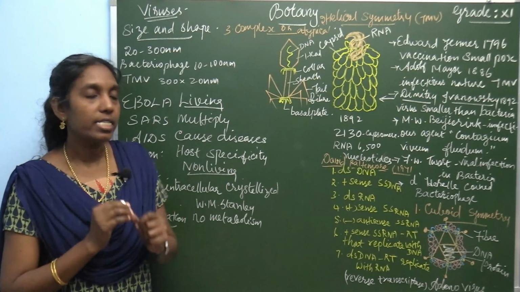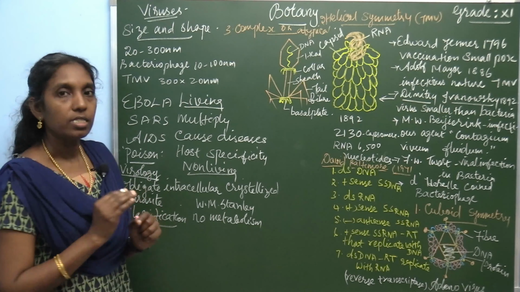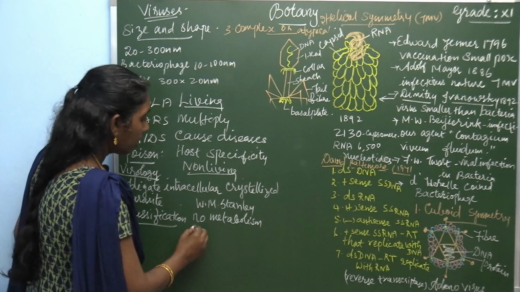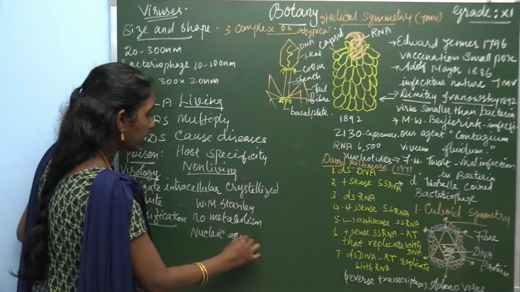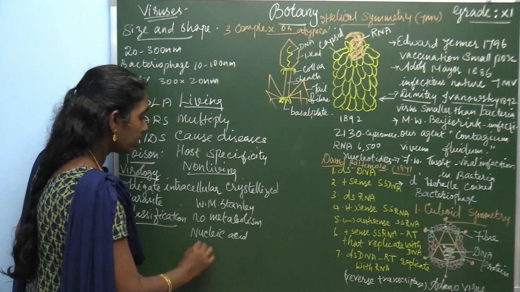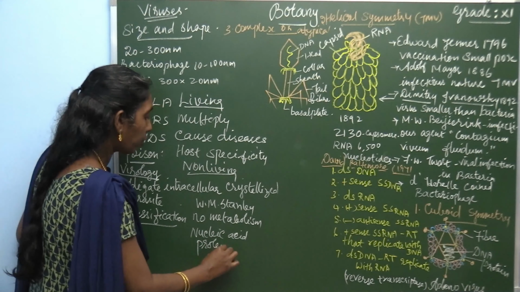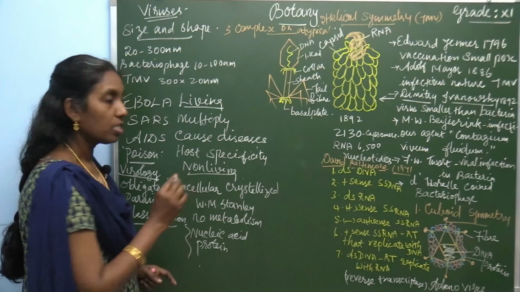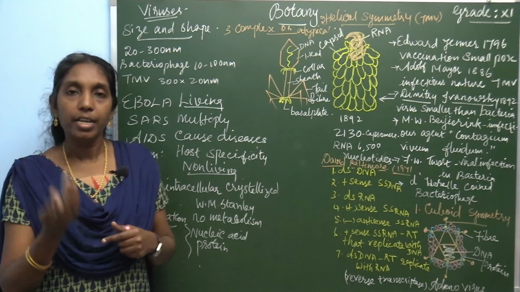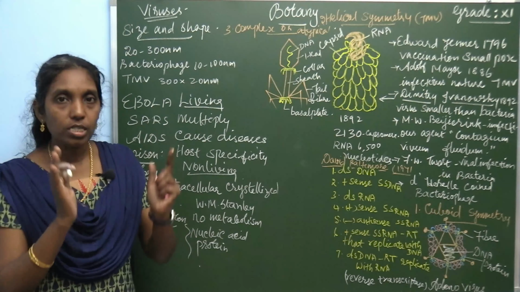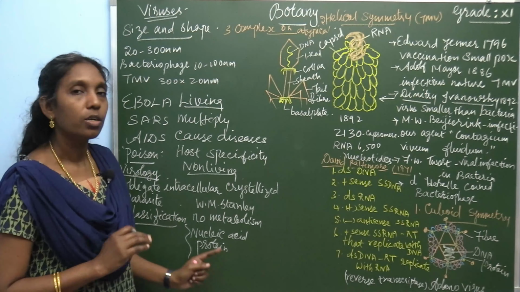The virus possesses a nucleic acid content, and this nucleic acid is surrounded by a protein coat. So, the structure is very simple: there is a nucleic acid content, either DNA or RNA, surrounded by a protein coat.